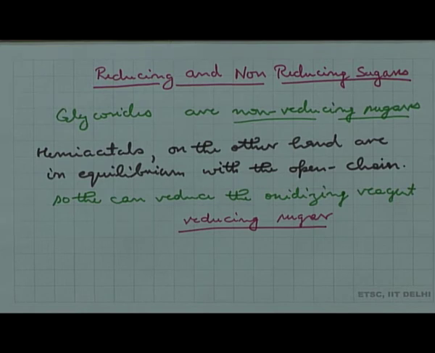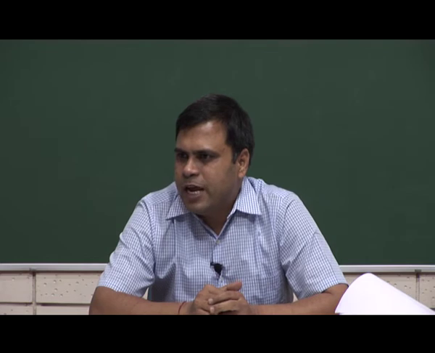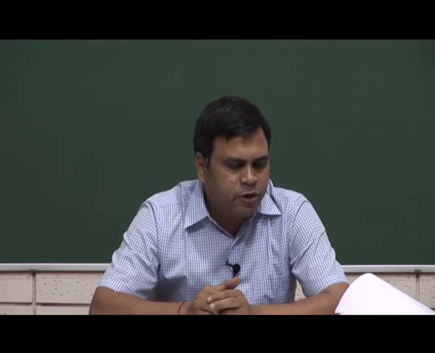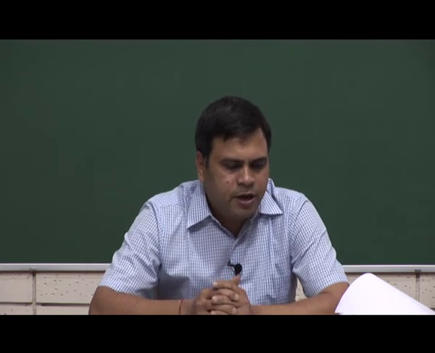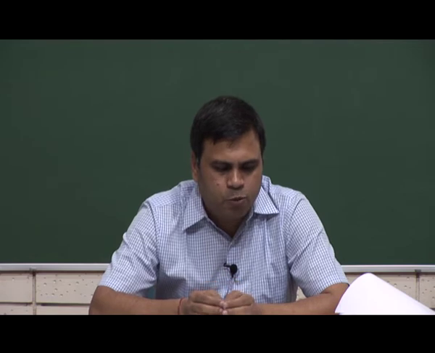Let me explain again. Glycosides are acetals. They are not in equilibrium with the open chain aldehyde or ketone, and that is why these compounds do not have an aldehyde or ketone as a carbonyl group.